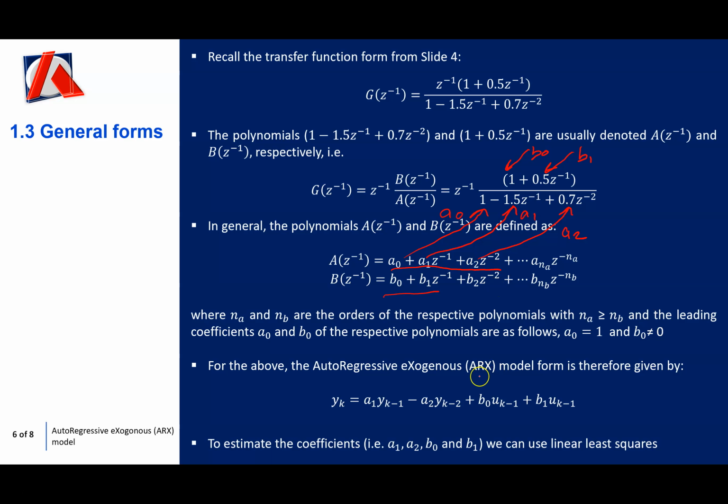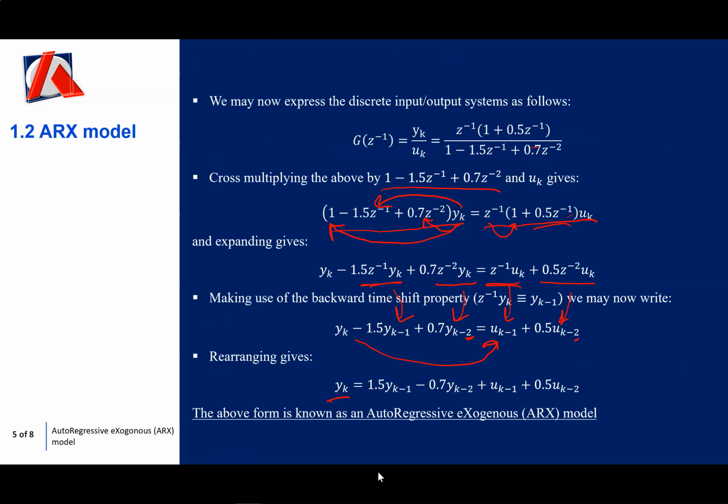So if we look now back at the ARX model, where it's given by this form, with a1, a2, b0, and b1, you can now see the relationship. If we go back to the previous one, in this case this is a1, a2, b0, so it's 1, and then b1.